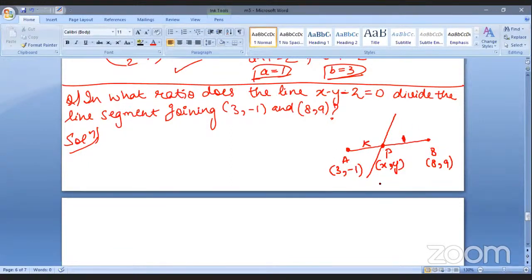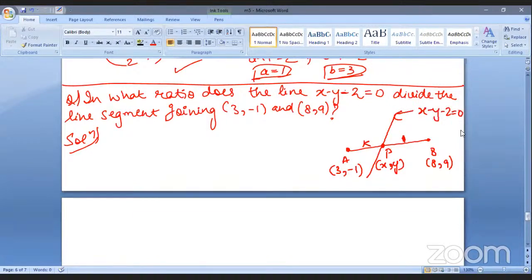Now, does that mean that if I put the coordinates of this point on this line, it will satisfy it? For example, I am just telling you this, that this line has the equation x minus y minus 2, right?